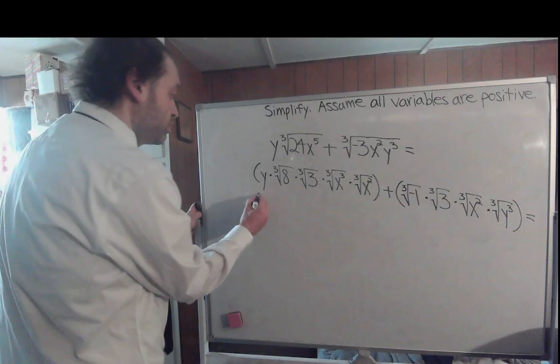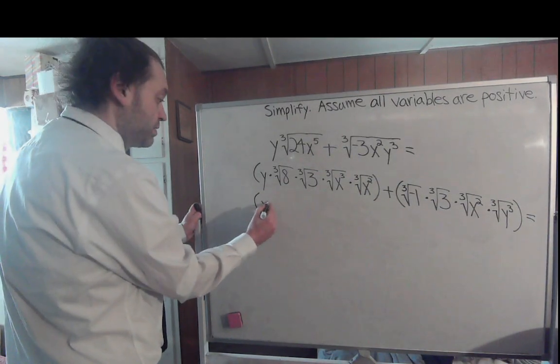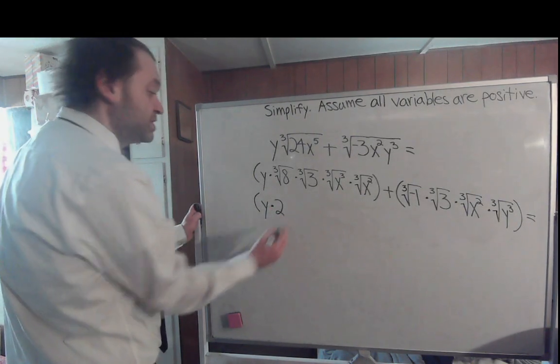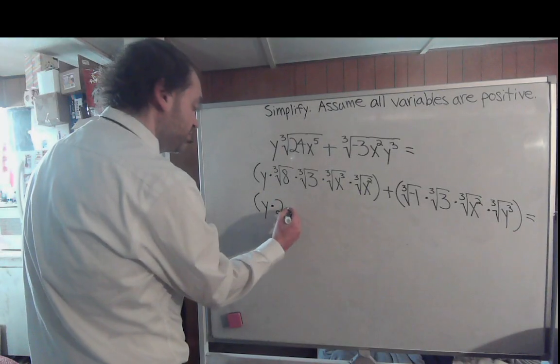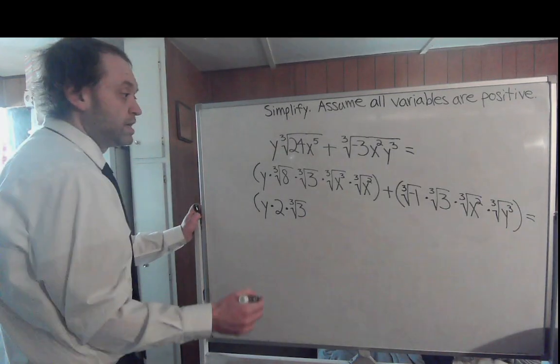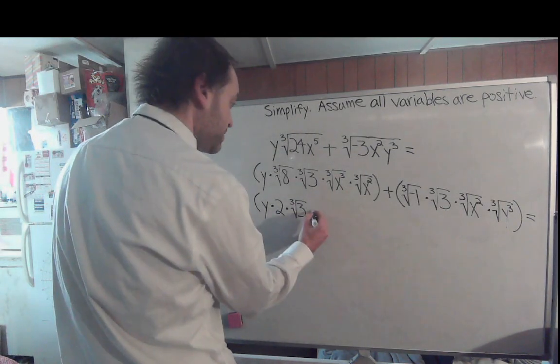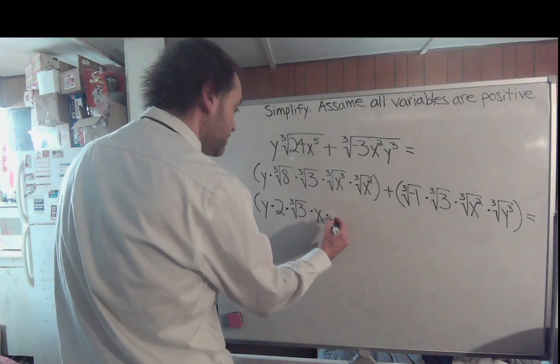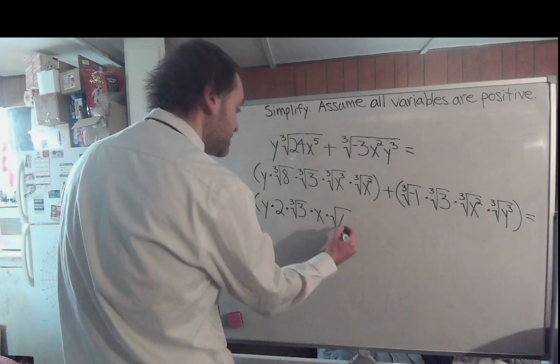So y you can't do anything with, but what's the cube root of 8? That's 2, so you have y times 2. Then that cube root of 3, there's really nothing we can do with that. Cube root of x to the 3rd, that's just x. Cube root of x squared, there's really nothing we can do with that.